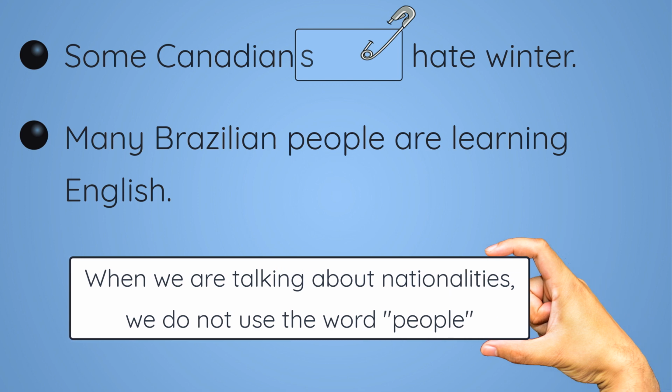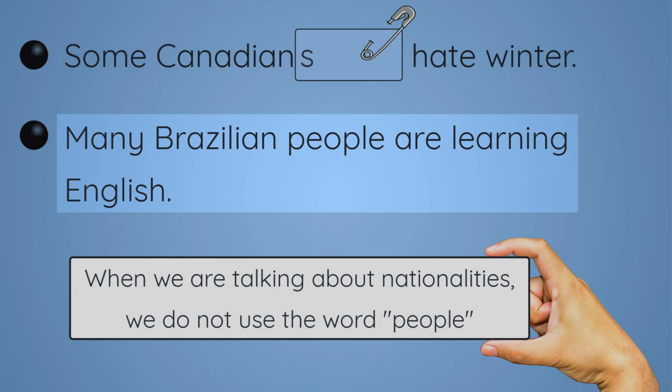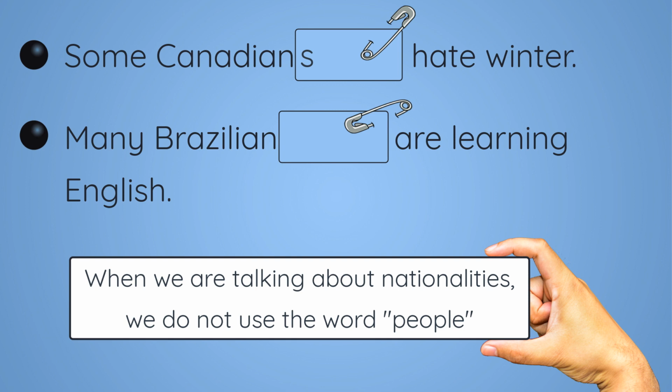When we are talking about nationalities, we do not use the word people. So, what can we do to fix this? We can get rid of the word people, and what can we do to the word Brazilian? Because there is more than one, we can add an S, so it is many Brazilians are learning English. Okay?